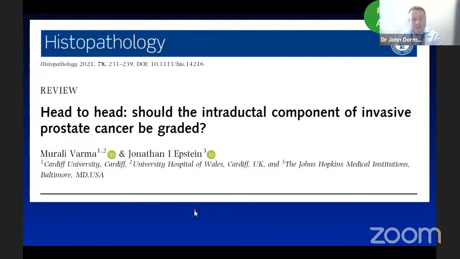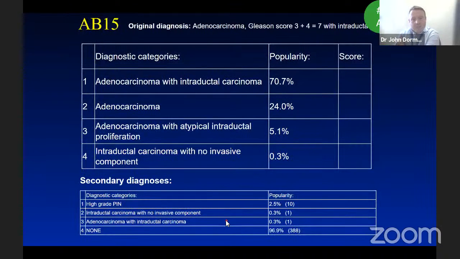This was a recent paper published in Histopathology this year, where the pros and cons were argued between Moch and Jonathan Epstein about whether we should or shouldn't grade intraductal, which is quite a nice read for a direct comparison. So 70.7%, so nearly 71% of us would record it as adenocarcinoma with intraductal carcinoma. The next majority down would have called it adenocarcinoma.